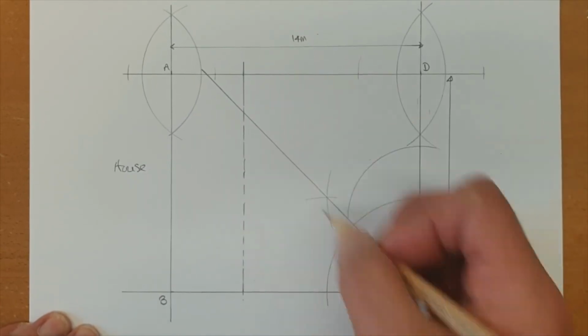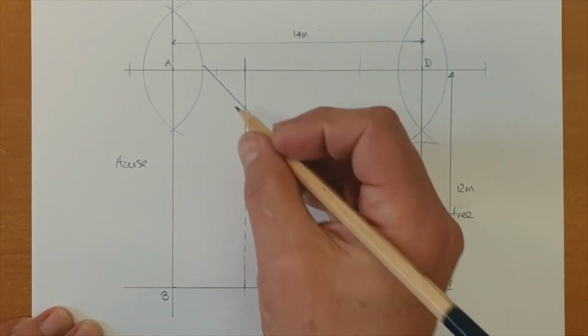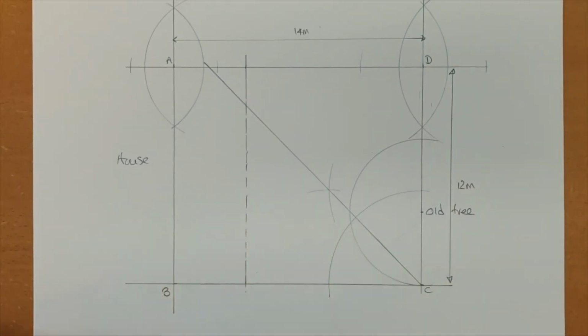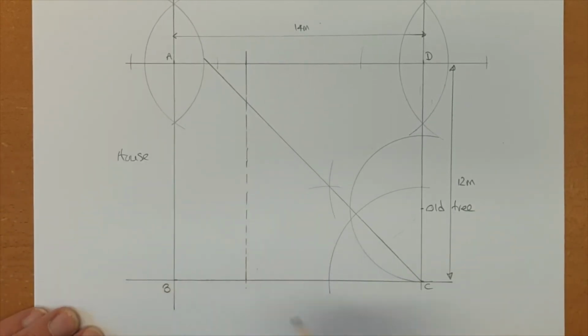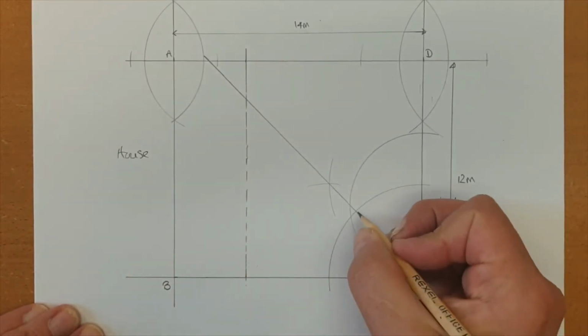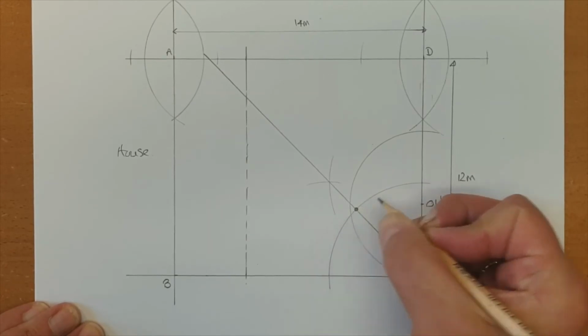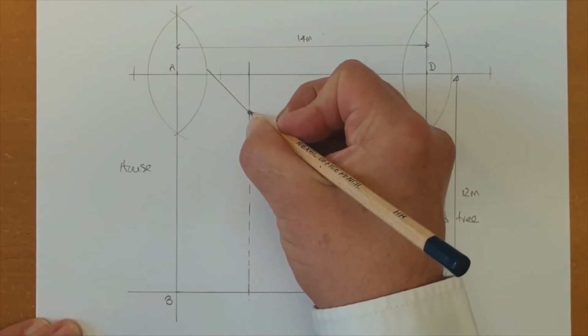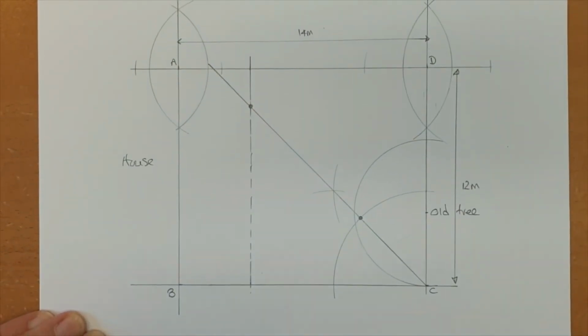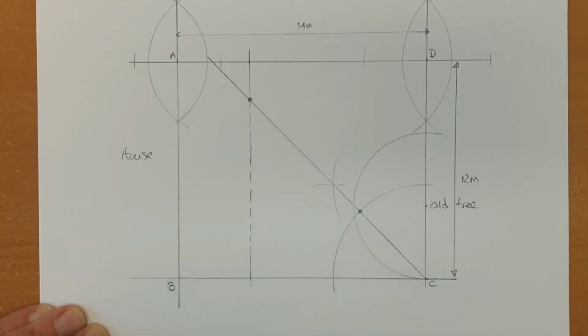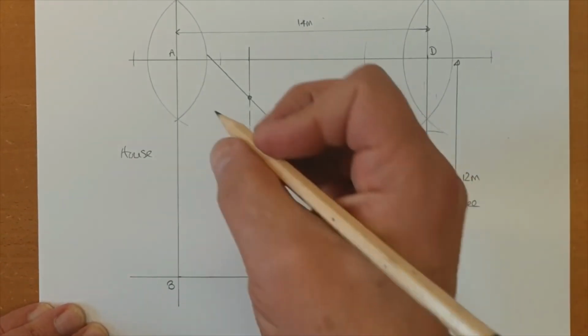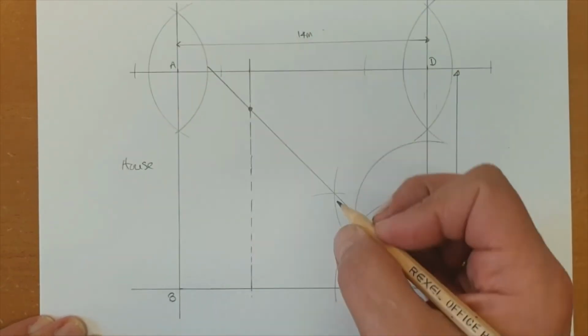Now that line represents the tree. The new tree can go anywhere on that line, between this point here and this point here. So it now says indicate clearly on the diagram. Okay, well, what I'll do then is I'll give these 2 points names.